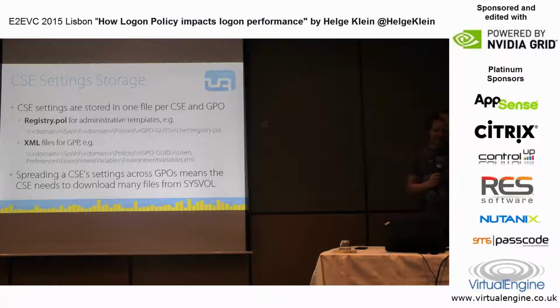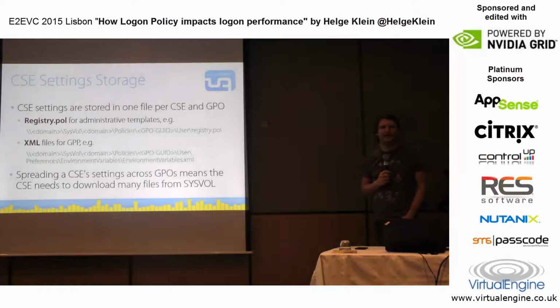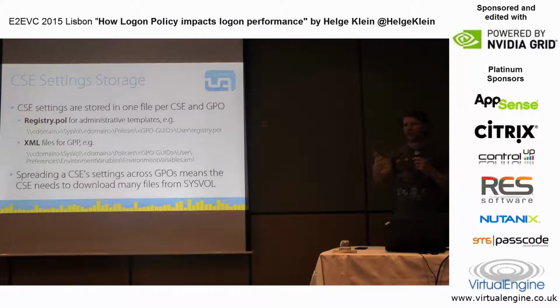Now let's think about where the client-side extension's settings are stored. After all, when the group policy engine calls a client-side extension, that extension needs to have data to work with. So in other words, what are the settings that the administrator configured that the client-side extension should process?